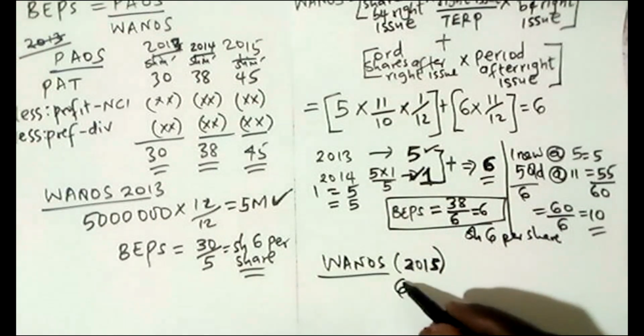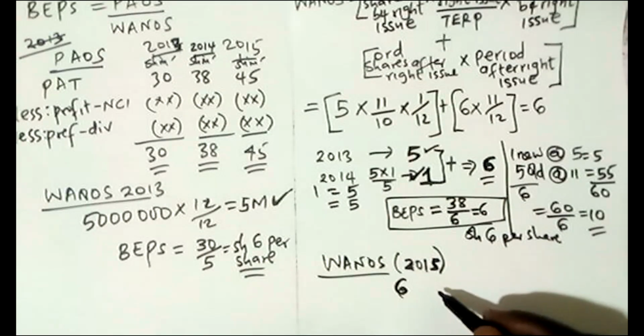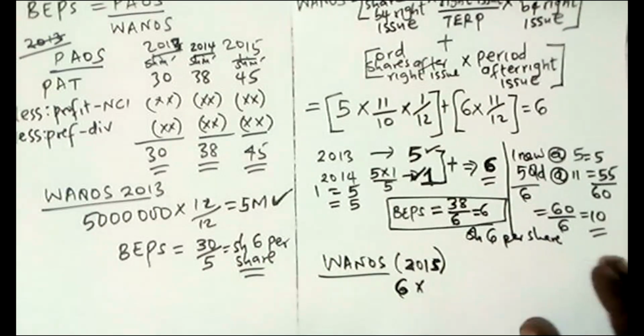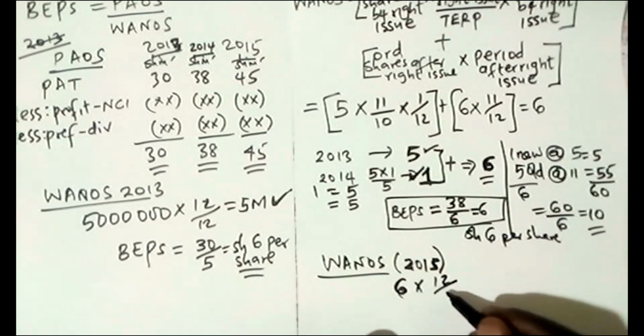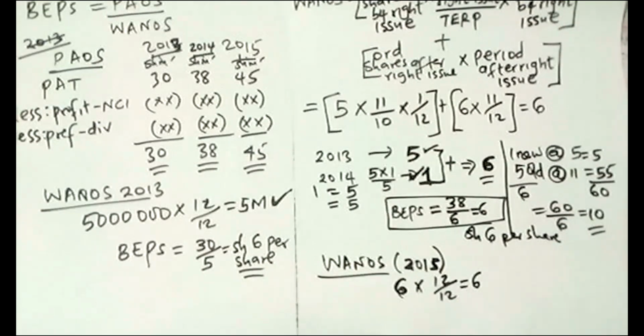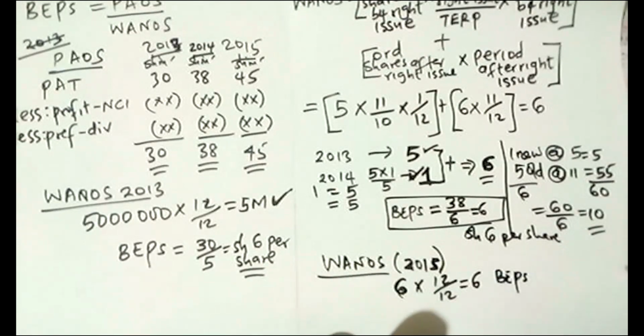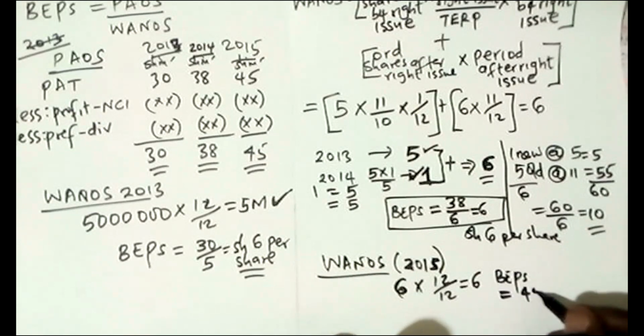The 6 is 6 million, not just 6. So they would accrue for the entire period of 2015. So we say 12 over 12. So we get 6. That is how we weigh. So my basic EPS for 2015 will be my 45.